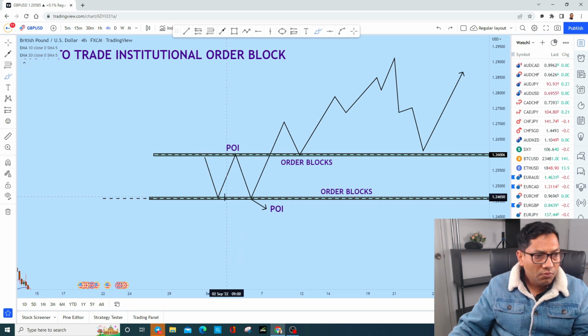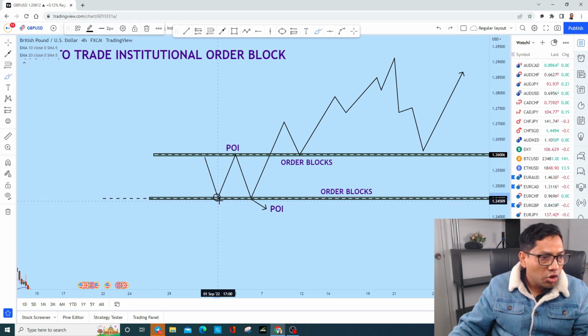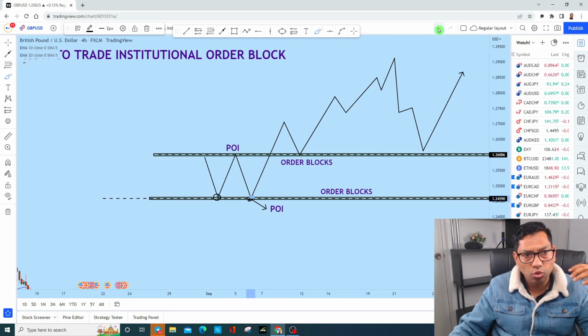Now what happened? When they bought, the price went up and created a peak, and then the sellers came again, some big boys sold again, and the price came back to this zone. When the price came to the previous point, the big boys bought in a bigger way, with a bigger volume.